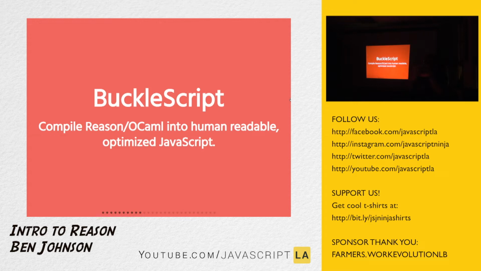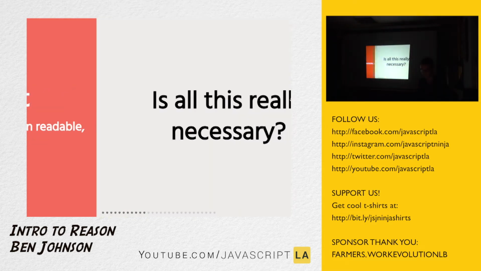It compiles each file one for one. And that's pretty cool if we're trying to integrate Reason, OCaml into a project incrementally, which in any real world code base, we don't get the chance to just hard refresh and start writing from scratch. So incremental updates are the way to go.